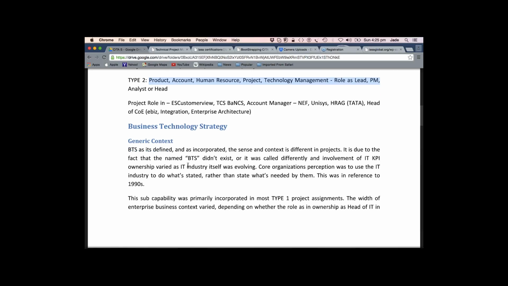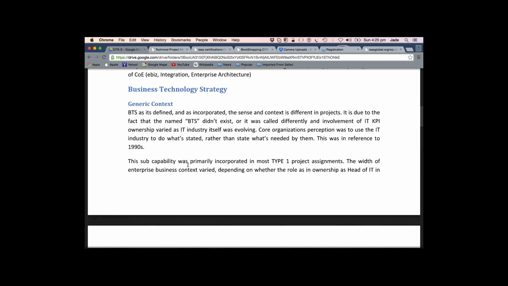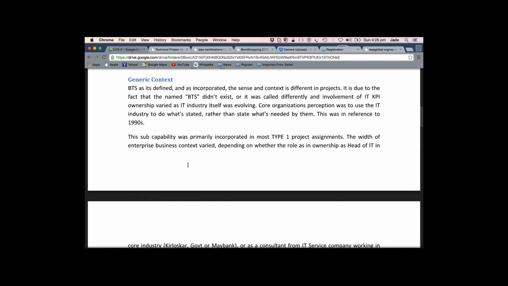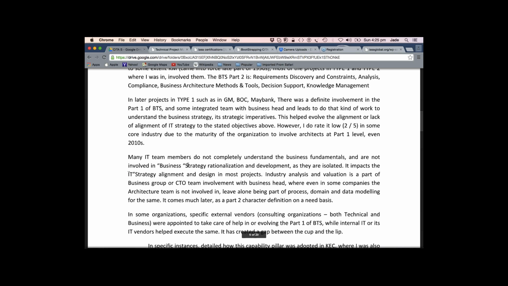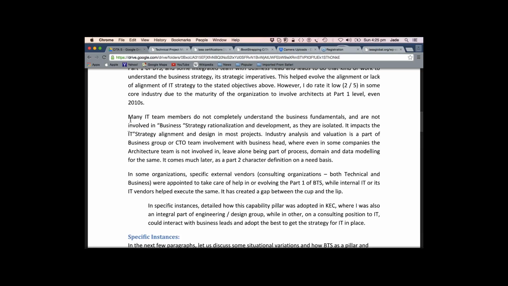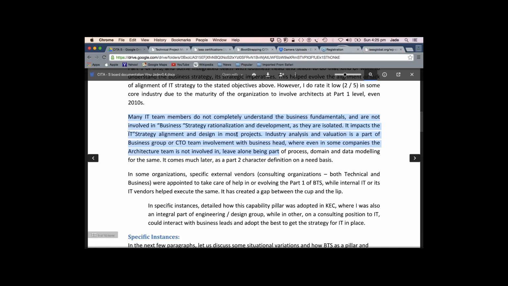And then I went into a generic context of detailing about each pillar, the BTS. I'm just picking up one para. I mentioned that business strategy, rationalization, development impacts the strategy alignment and design in most projects.